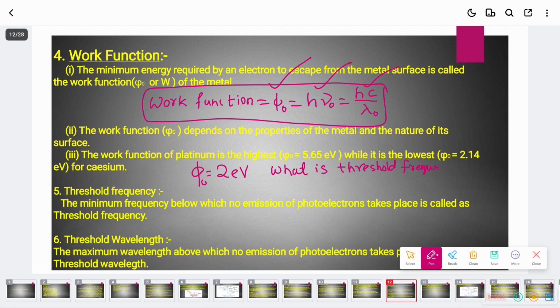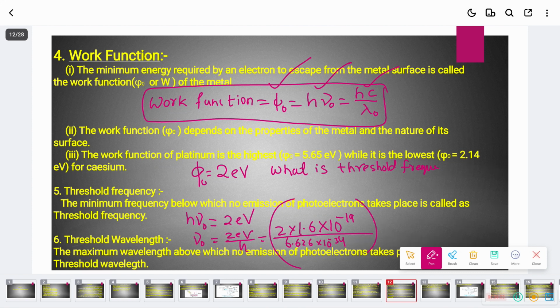See here, the phi naught formula is h nu naught, where nu naught is the threshold frequency and lambda naught is the wavelength. So nu naught is 2 electron volt by h. Now 2 into 1 electron volt, which is 1.6 into 10 to the power minus 19, and h value is 6.626 into 10 to the power minus 34. Now you calculate this, and you will get nu naught.